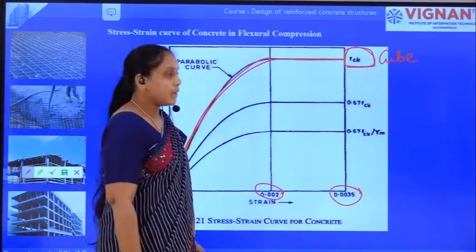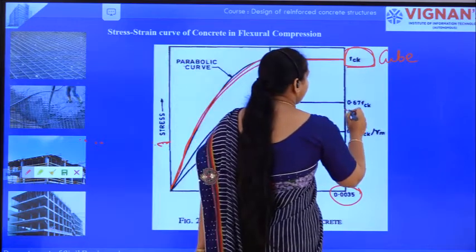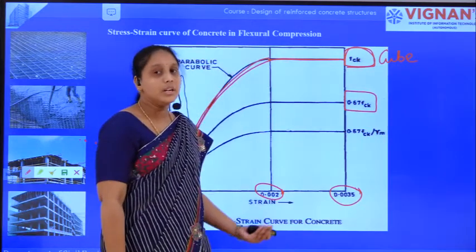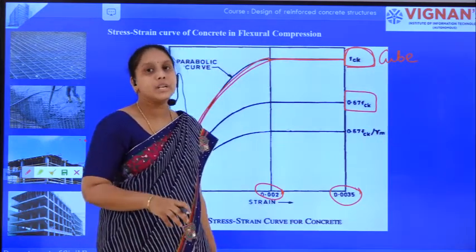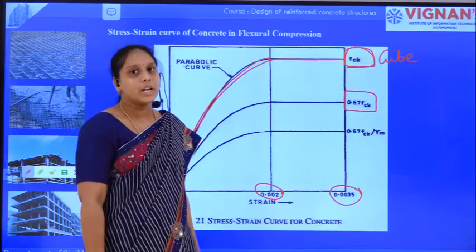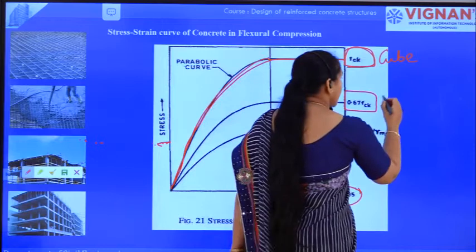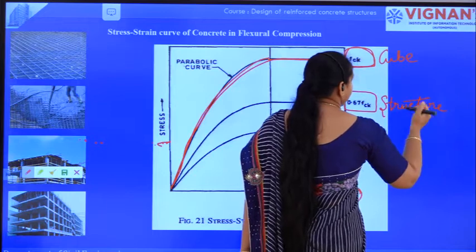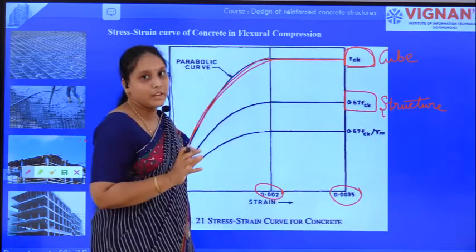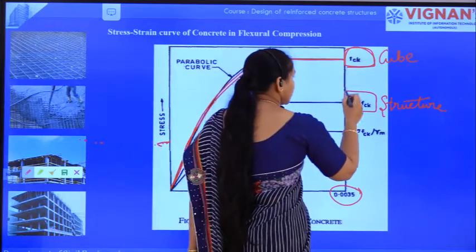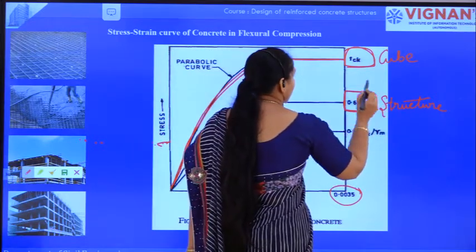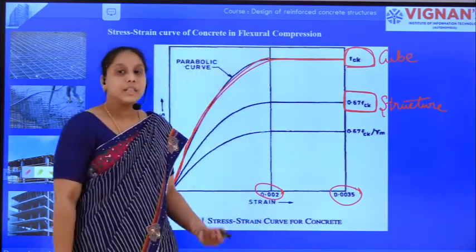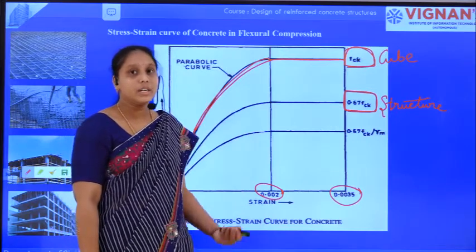In the structure we consider the characteristic compressive strength as 0.67 times fck, that is, only 67% of the cube strength is taken into consideration when you are considering a structure, a whole building. So this will be our strength.